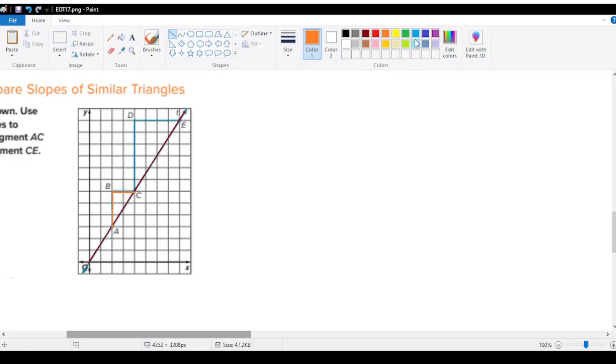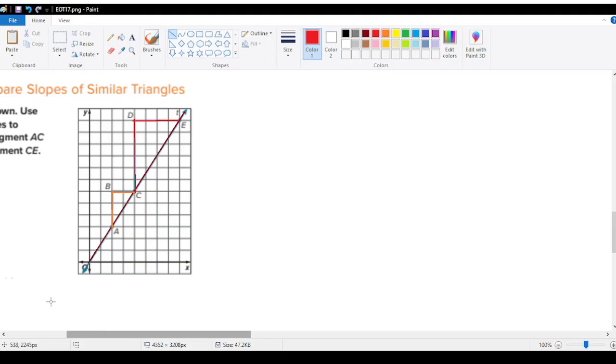And the second triangle will be in red, so it will be very clear for your eyes. Now Shamsa, by your eye, do these two triangles look similar to each other? Yes. Okay, they look similar to each other.